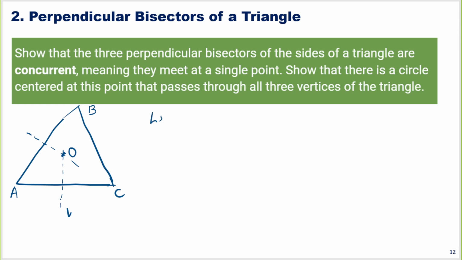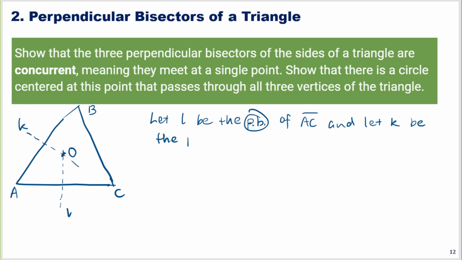So we could say let L be the perpendicular bisector, I'll just use PB, of AC, and let line K be the perpendicular bisector of AB.